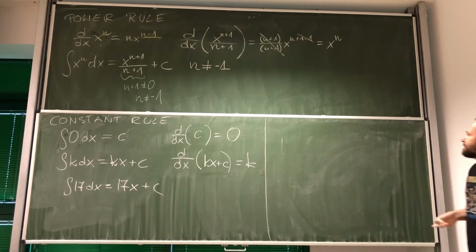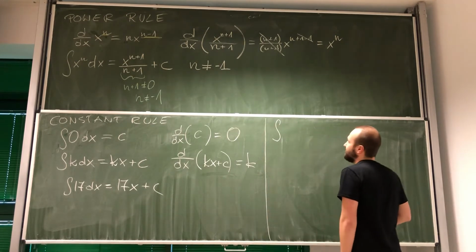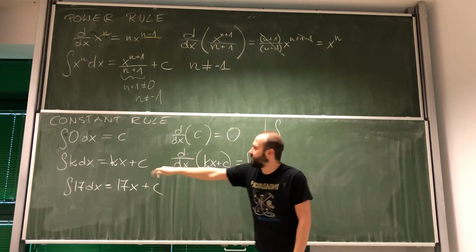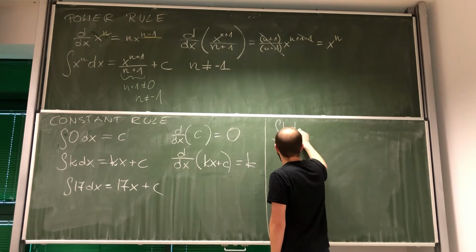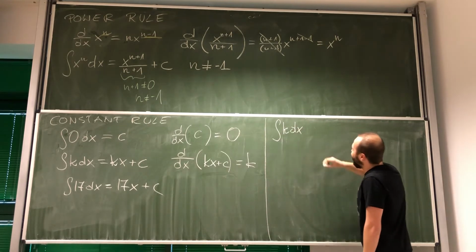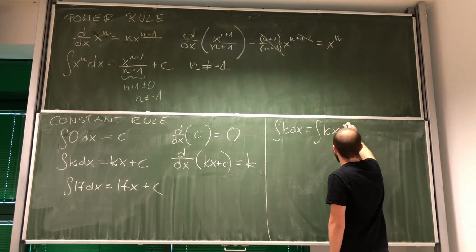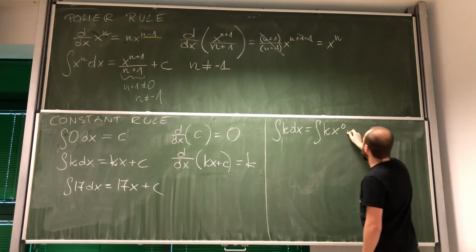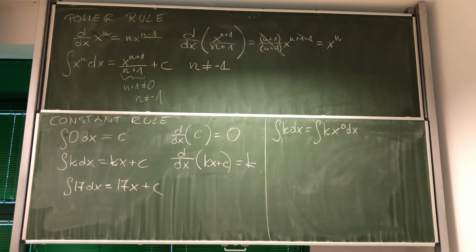Okay, so first, let's consider the case of k, which we already discussed. Look, integral of k is the same as integral of k times x to the power of 0, which is 1, dx.